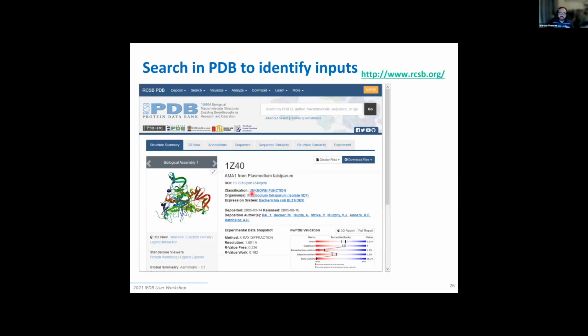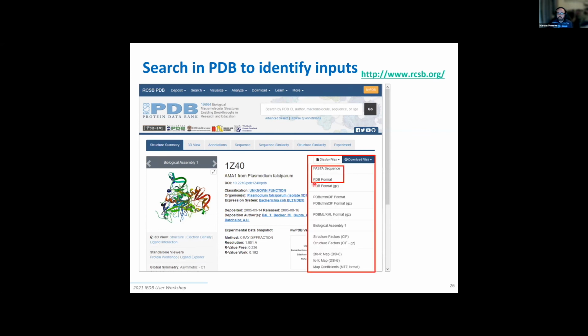Here, for example, you have one crystal available. You have some information about the crystal, the organism, some of the publication data, and the authors. You can click over here to download the file, either the FASTA sequence or the PDB format.